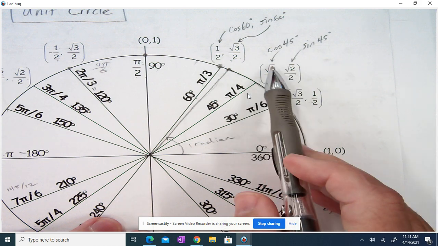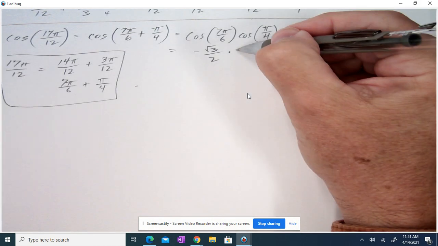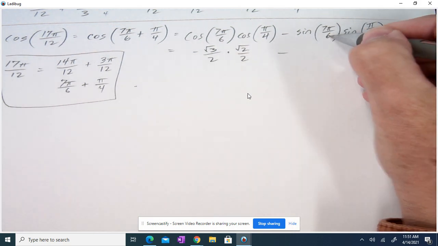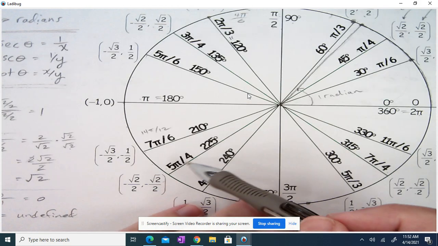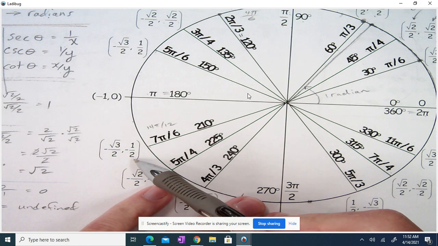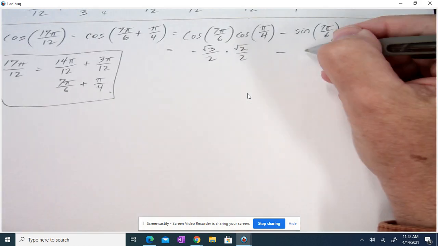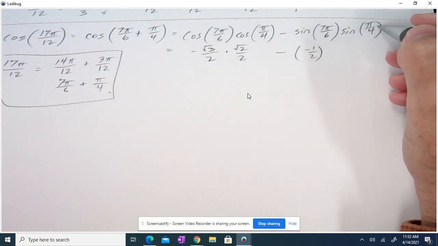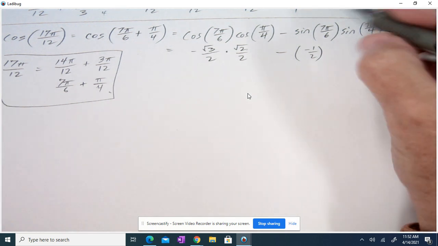Well, that's square root of 2 over 2. Minus the sine of 7 pi over 6, which is negative 1/2, times the sine of pi over 4, which is also square root of 2 over 2.